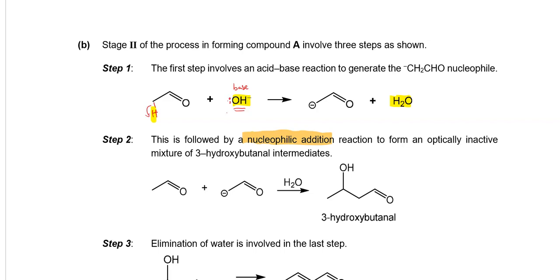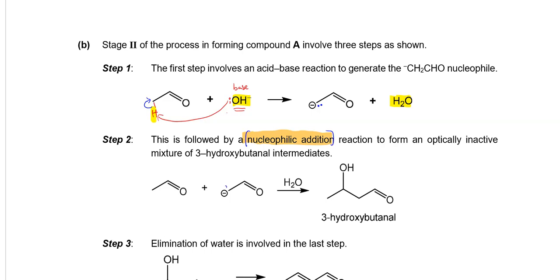The lone pair here grabs the H, and this CH bond is broken such that both electrons are given to this carbon, and that's why you have a negative charge on this carbon. This negative charge then undergoes a nucleophilic addition reaction.